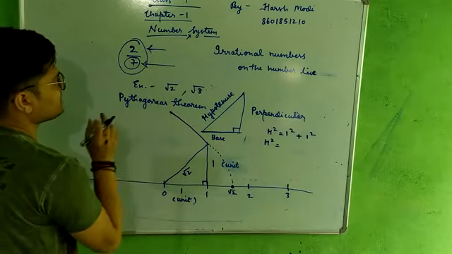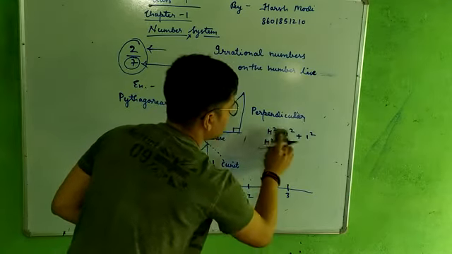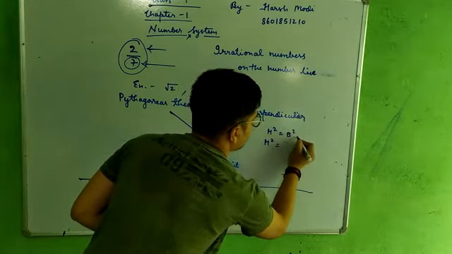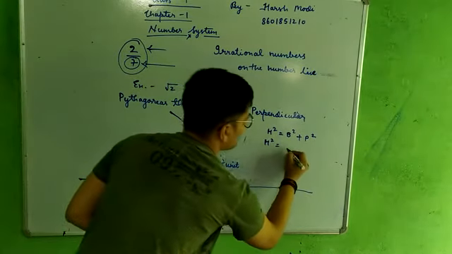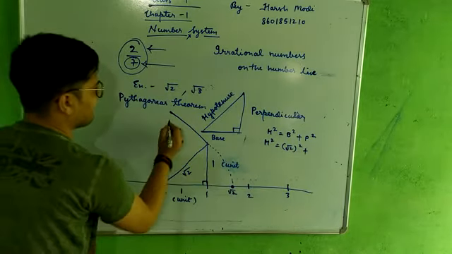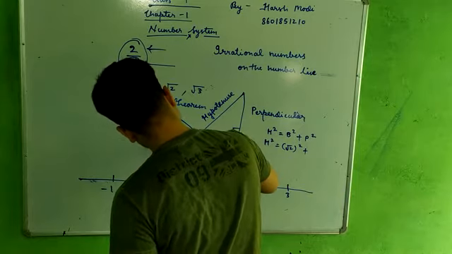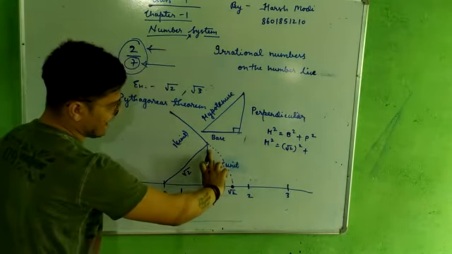Base is under root 2, so we square it, plus perpendicular is 1 unit, the same distance we have drawn here.